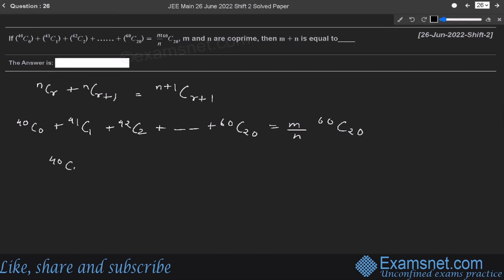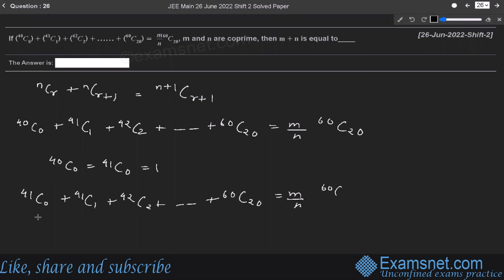As we know that 40C0 is equal to 41C0 is equal to 1, so we replace 40C0 with 41C0. So the series becomes 41C0 plus 41C1 plus 42C2 plus so on up to 60C20 is equal to m by n into 60C20.